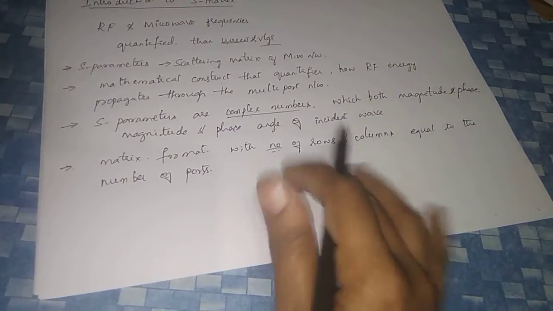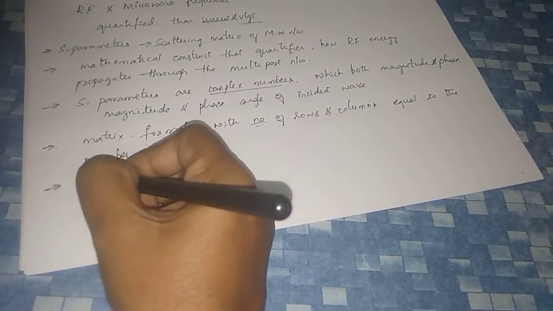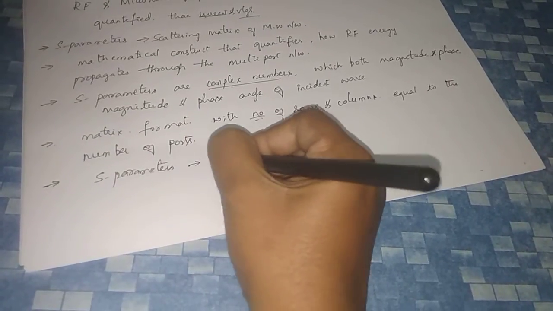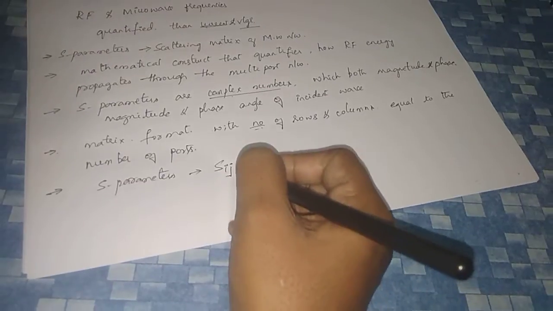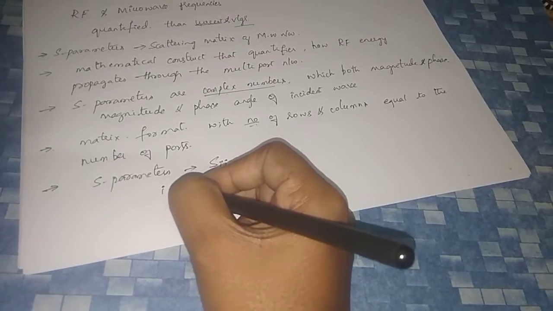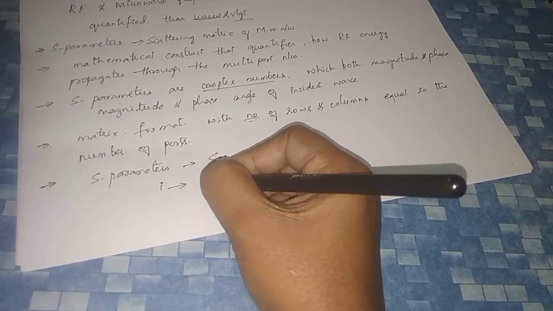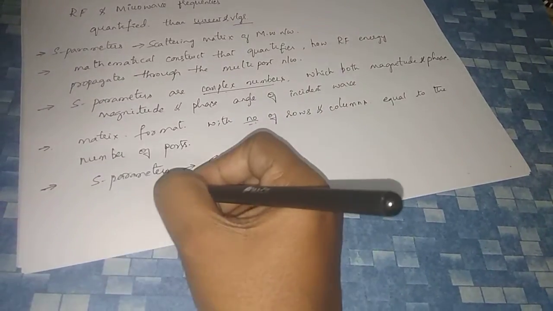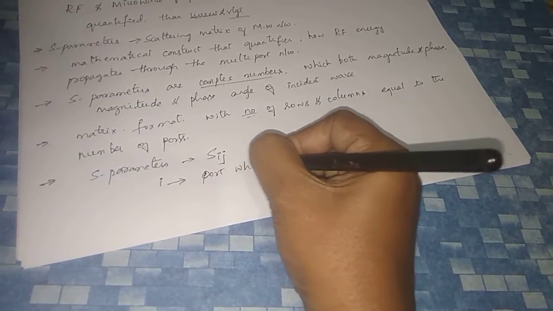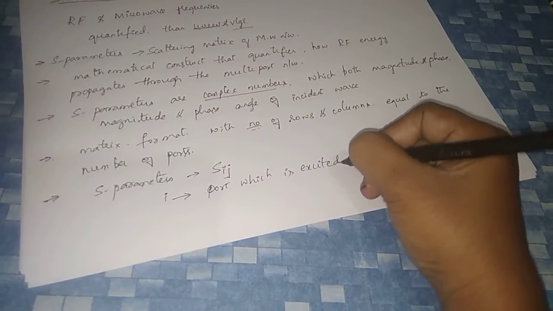Say, for example, for the S matrix or S parameter, if I write it as Sij, what does this subscript i represent? The i subscript stands for the port that is excited, or you can say the input port.